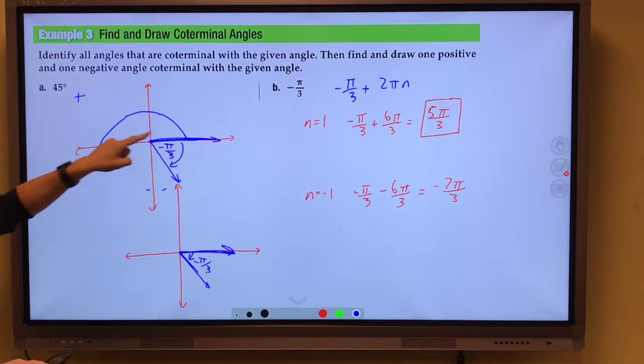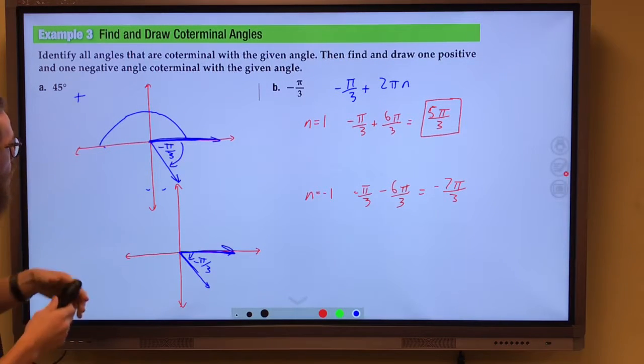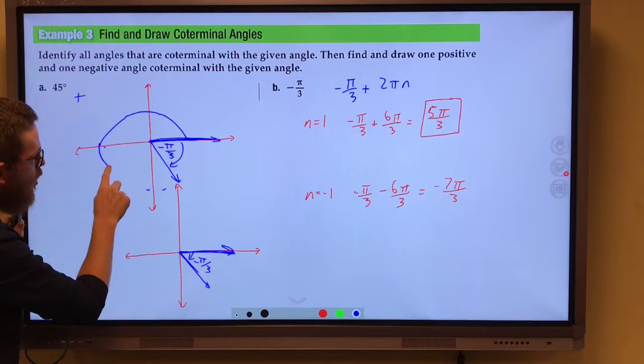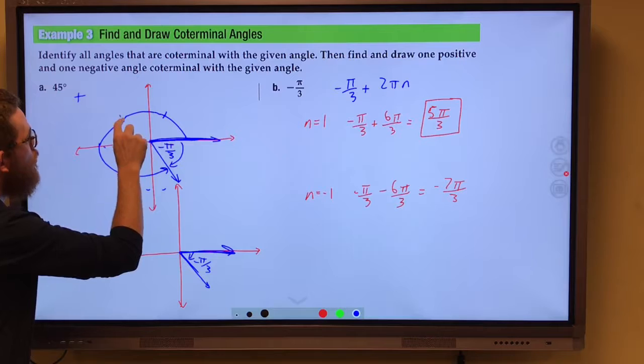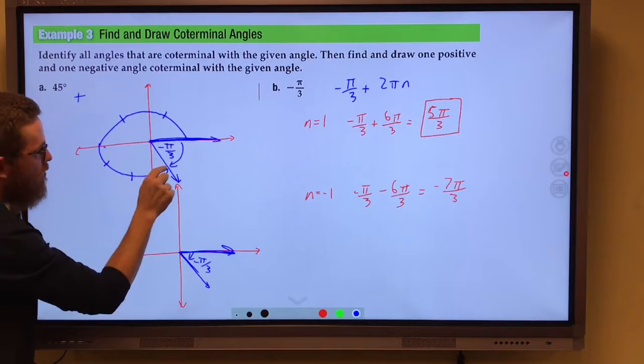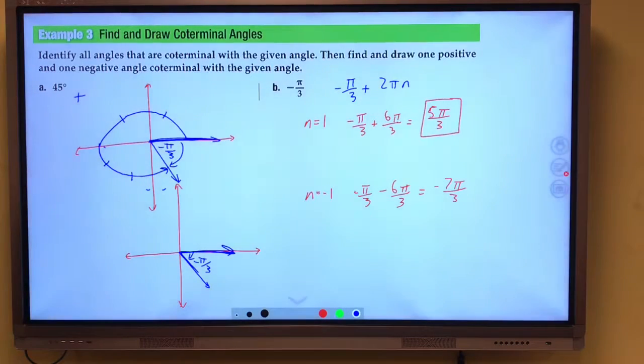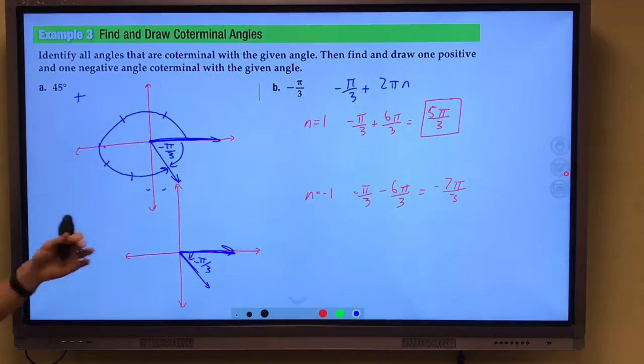We're talking about counting by pi's. Here's 1 pi, here's 2 pi. But then we have 1/3 and another 2/3. That was 1, 2, 3, 4, 5 lands us right there. So that was 5 pi over 3.